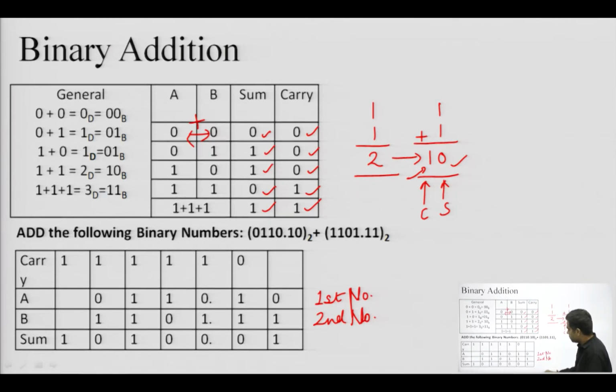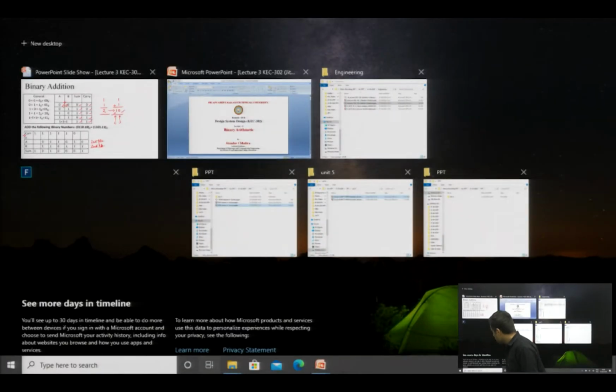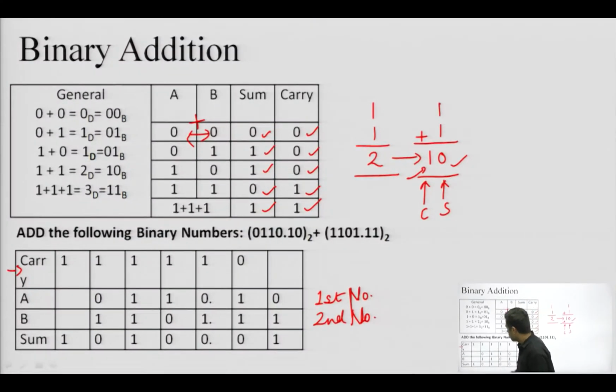When we start, I am using the topmost row for carry storage, and the last row will be storing my sum. So, let us start: 0 plus 1, we are getting sum equal to 1, carry equal to 0. As we can check, 0 plus 1, sum is 1, carry is 0.